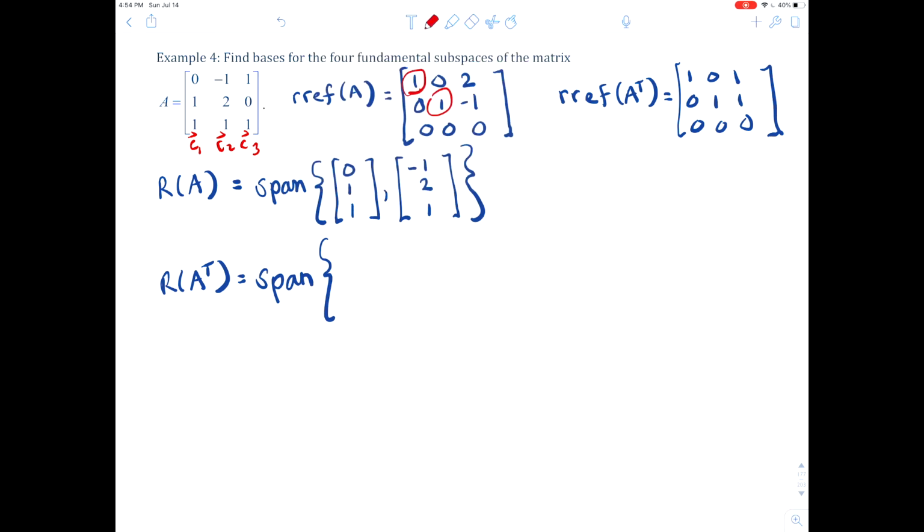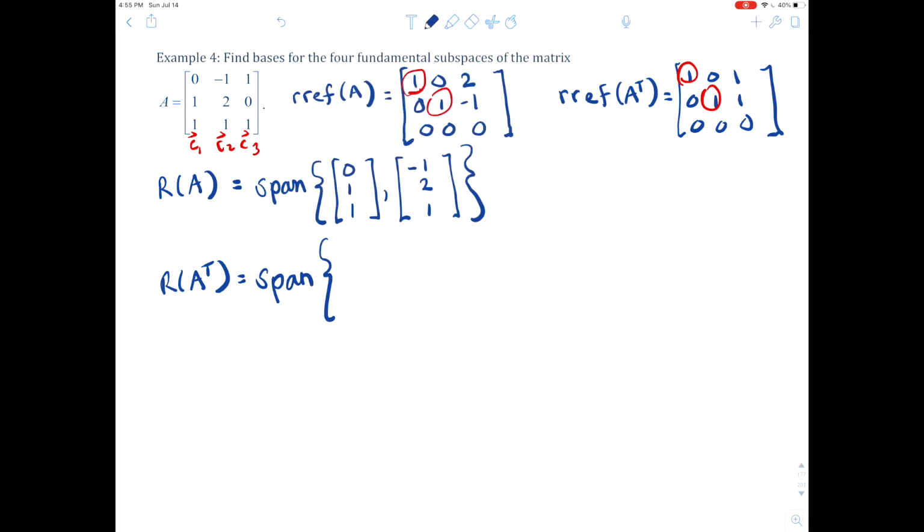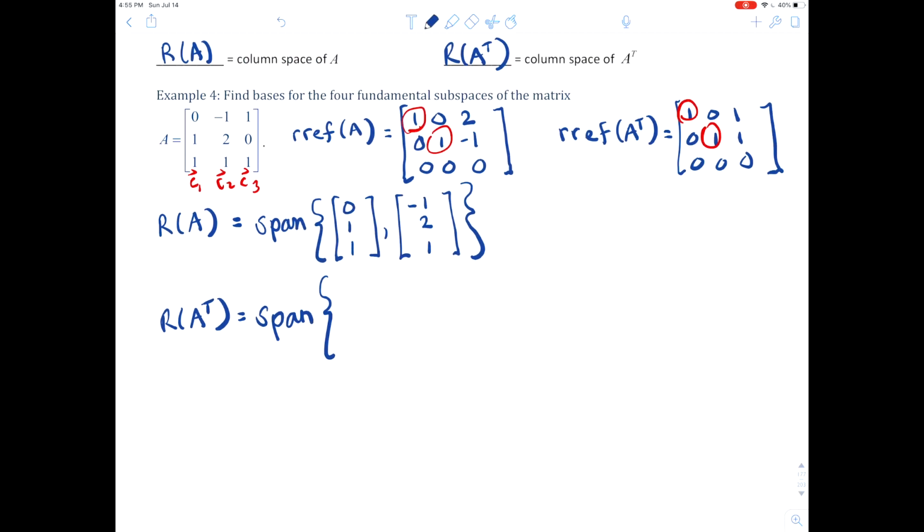The pivots in RREF of A transpose are again in the first 2 columns. Sorry, I didn't write out A transpose, but A transpose would have been equal to 0, 1, 1, negative 1, 2, 1, and then 1, 0, 1.